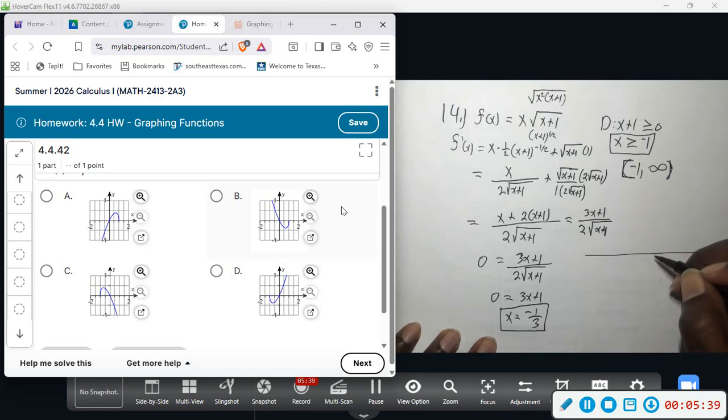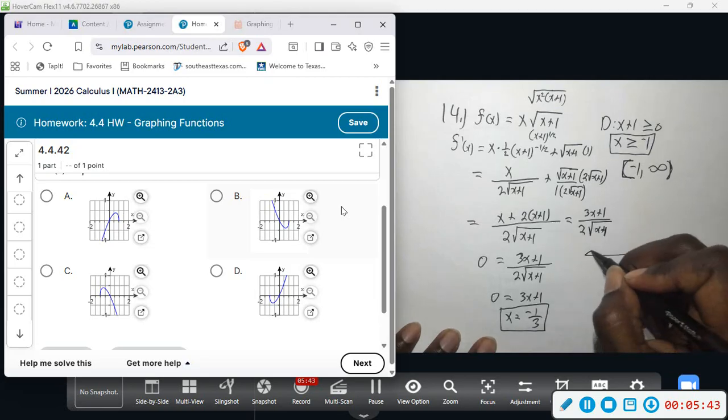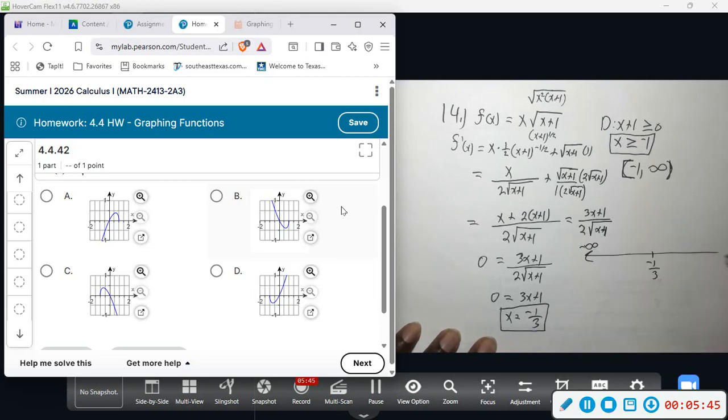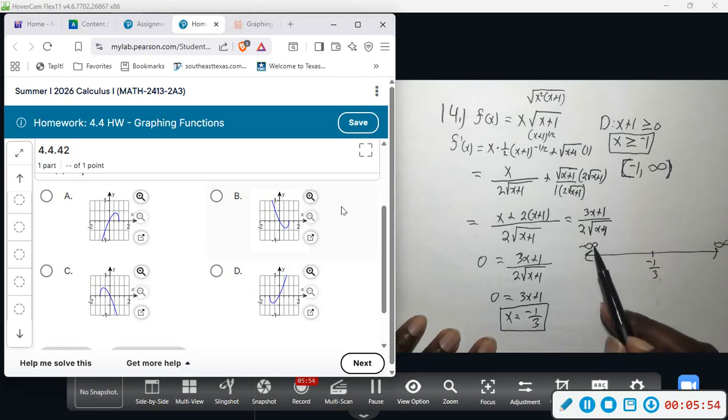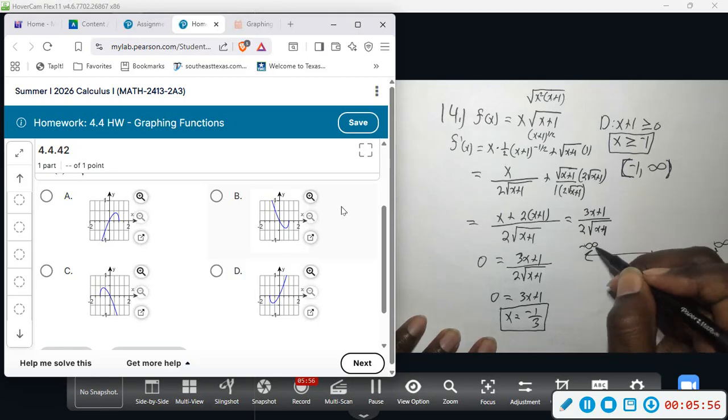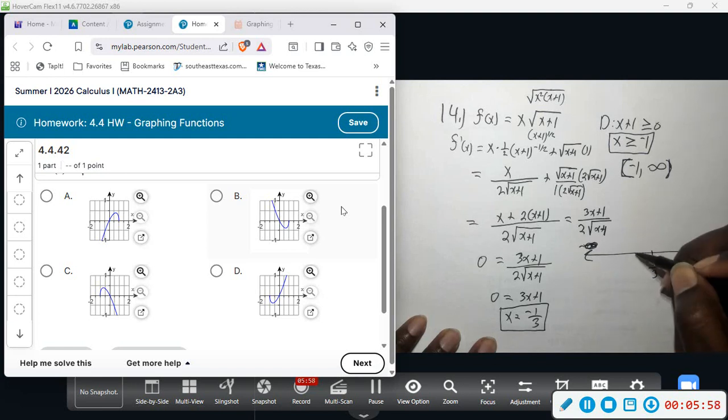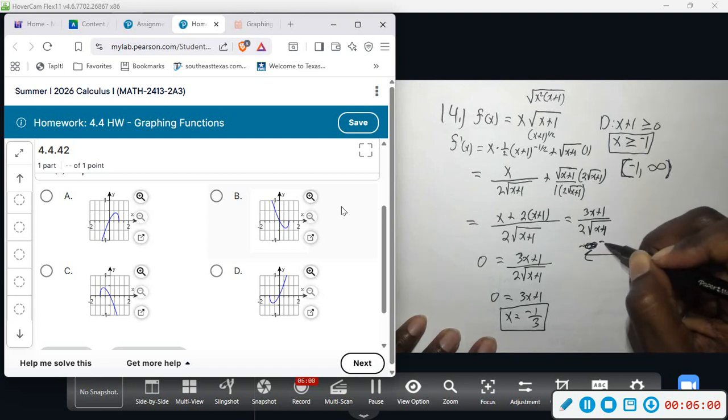Make a number line, -1/3. So this is negative infinity side, positive infinity side. Pick some numbers left of -1/3. Now, I put negative infinity, not really sure why, because we can only go to -1 based on our domain.